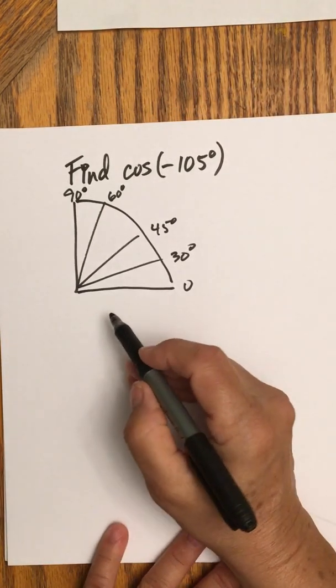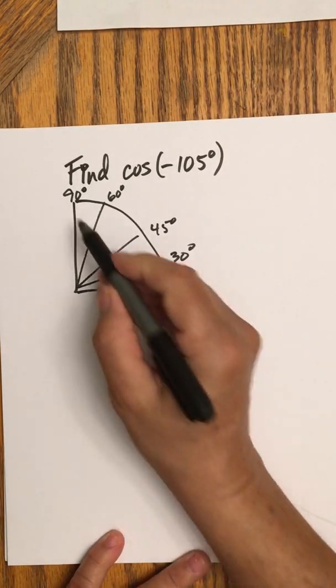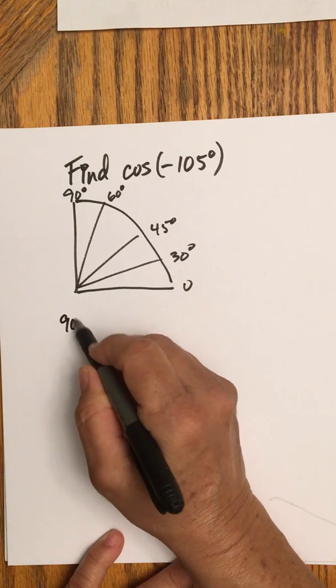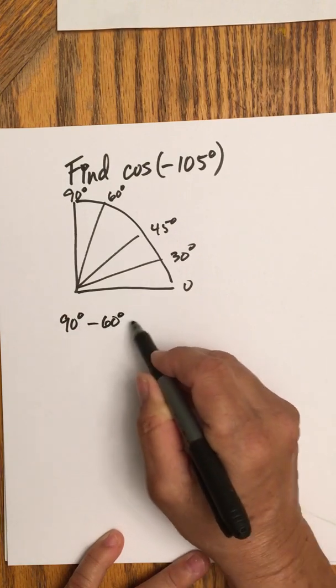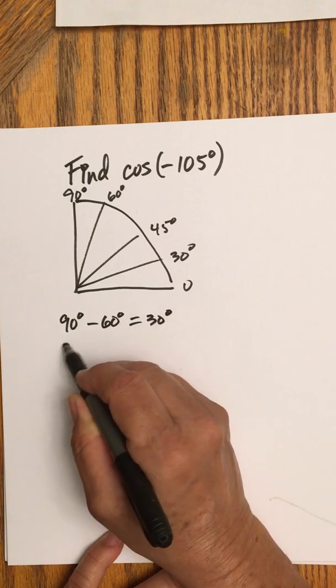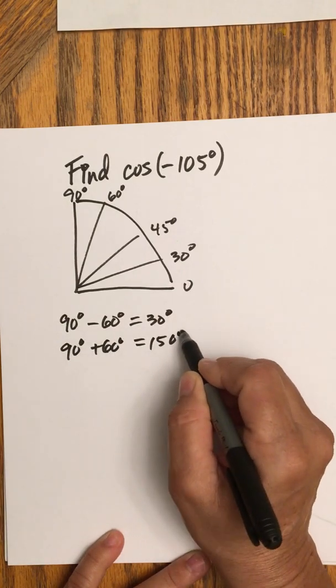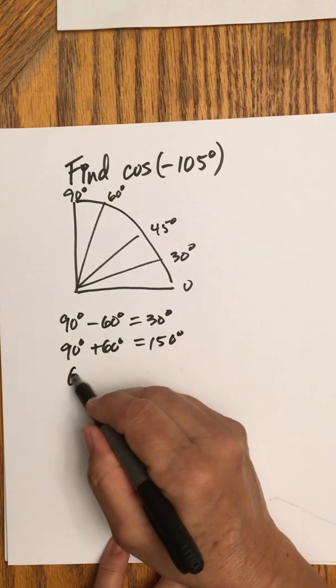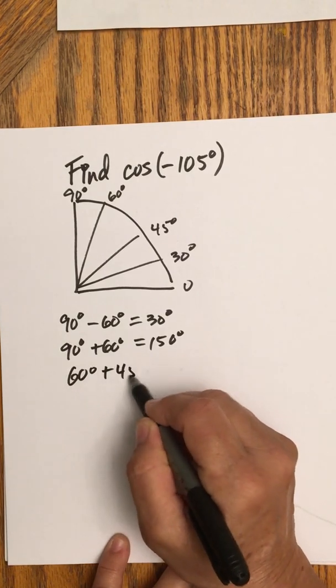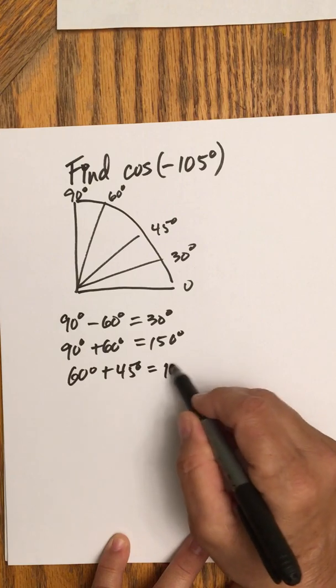So the idea is this, if I take any two angles, I could say, well, 90 degrees minus 60 degrees is going to give me 30 degrees. Or I could do 90 degrees plus 60 degrees, and I get 150 degrees. Or I could do 60 degrees plus 45 degrees, and I'd get 105 degrees.